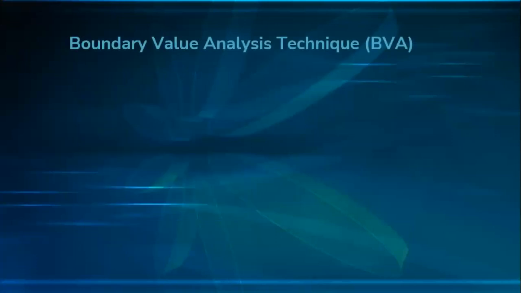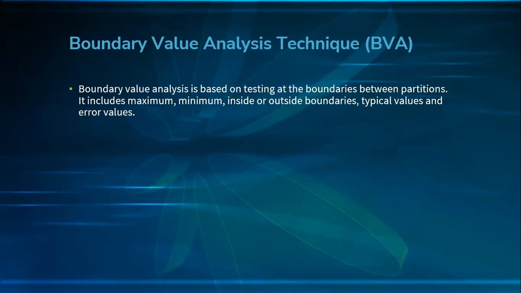That takes us to boundary value analysis, which is BVA. Boundary value analysis is based on testing at the boundaries between partitions. All the boundaries, where we are surrounded by water, we want to test everything around it.